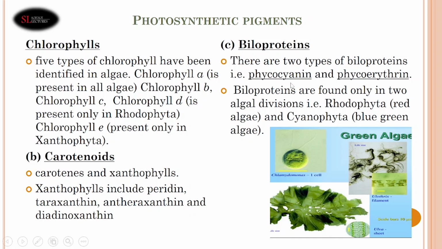Phycocyanin is found in blue-green algae that belong to the group called Cyanophyta, and phycoerythrin, as you can already hear from the word erythrin, which is an indication that there is red somewhere, is found in Rhodophyta or red algae.